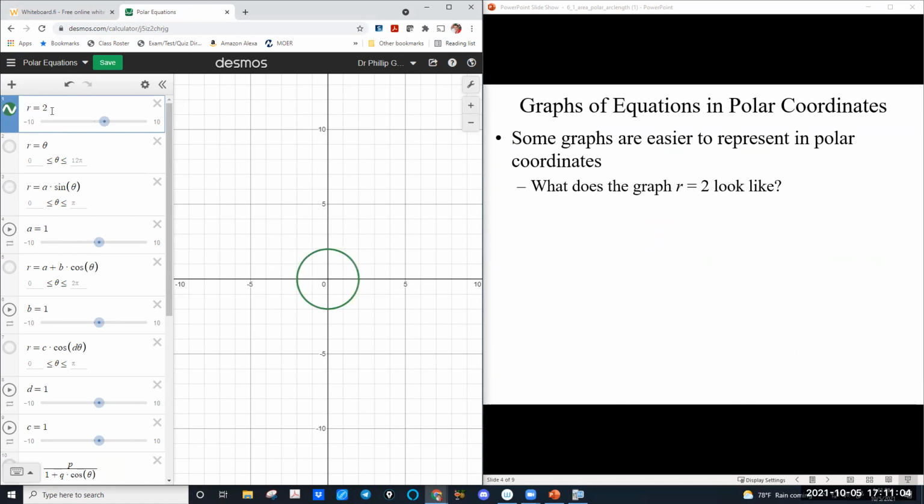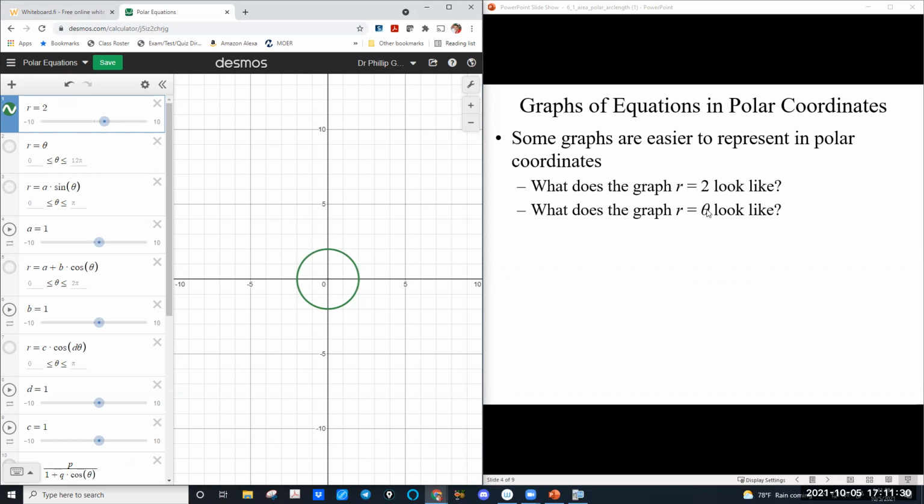This is a much easier way to graph a circle than even parametric. A circle is not a function, so we can't graph it as a function. We know from our conics that x squared plus y squared equals r squared, but that's a little more complex than just r equals 2. So for a circle, it becomes much easier to graph in polar.